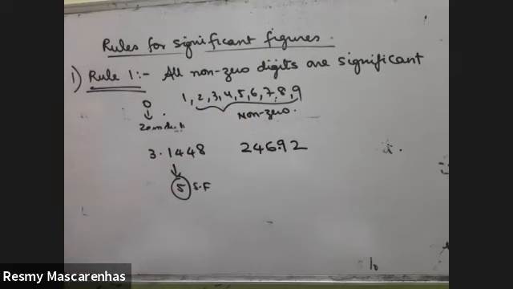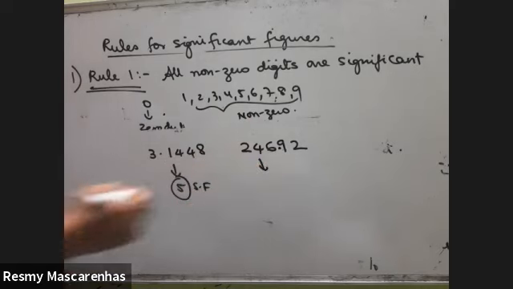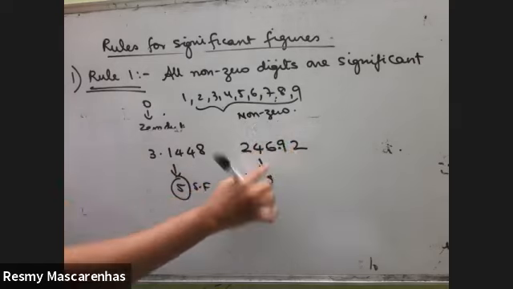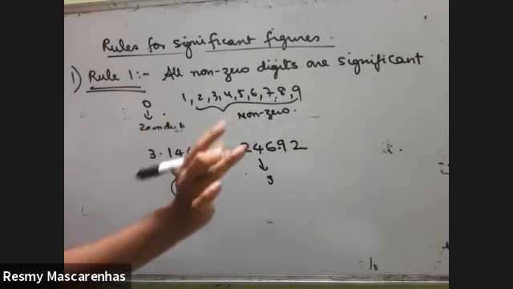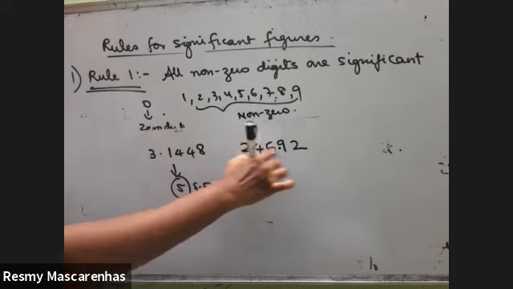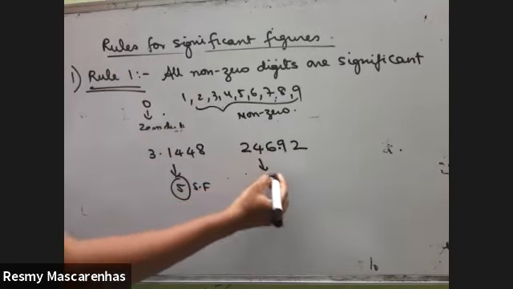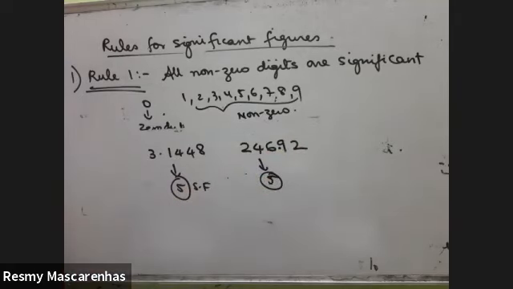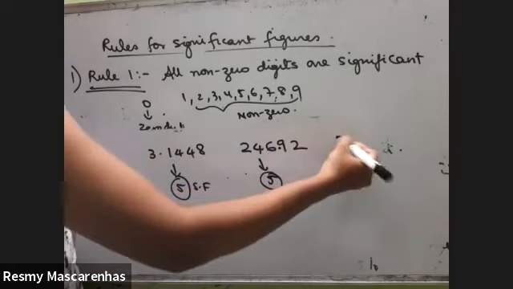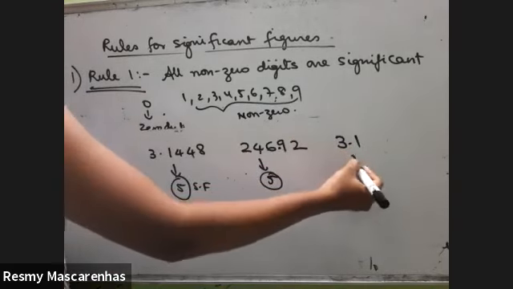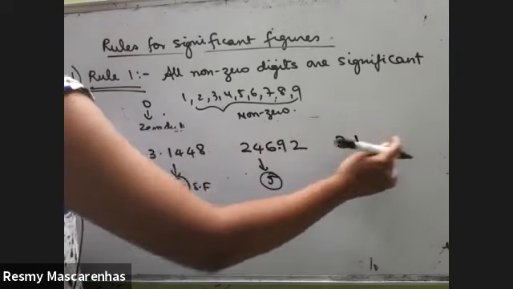Can anyone tell me how many significant figures here? 5 only. 1, 2, 3, 4, 5. It doesn't matter where the decimal point is. I just have to see whether there is a 0 or not and count the digits.